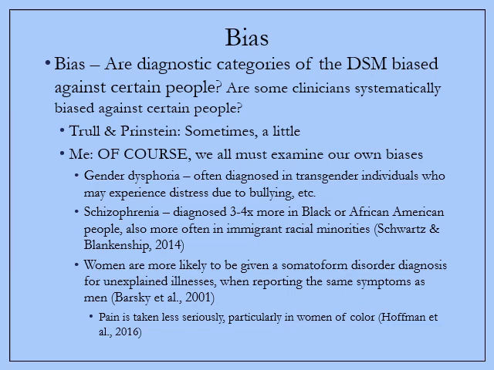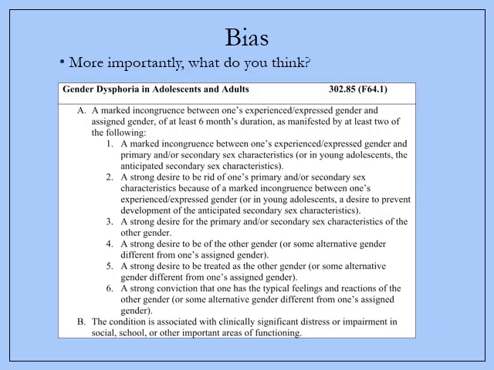So we have empirical evidence that there are systematic biases. I think it's more subjective whether the DSM is biased against certain people, but we do know that there is bias in the system, and we have to acknowledge this. So that's my opinion, and I hope that it's based in fact. But more importantly, what do you think?